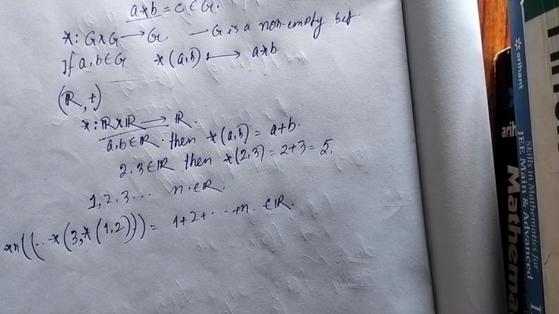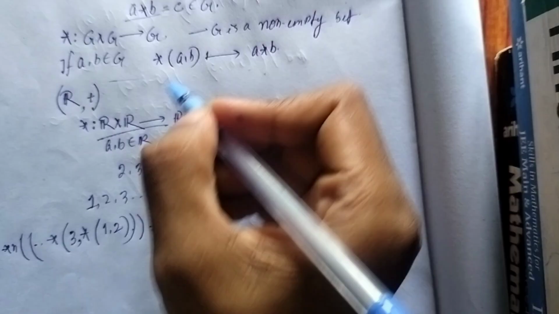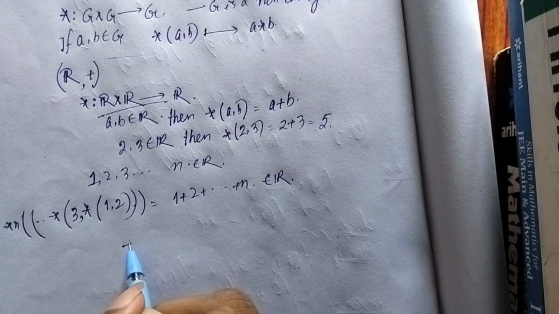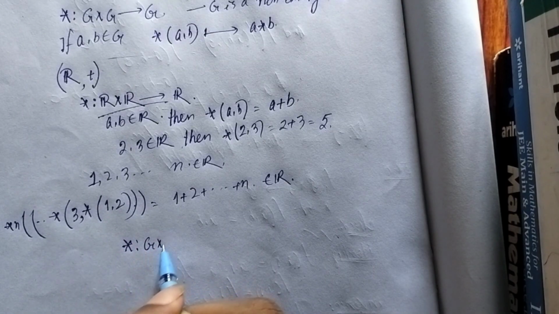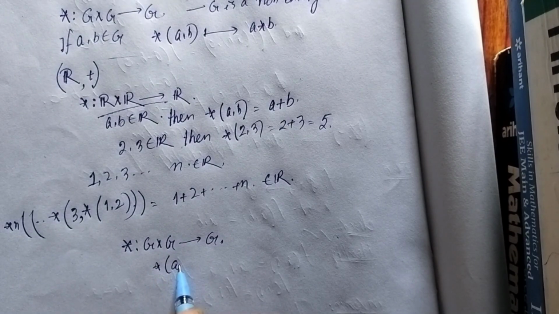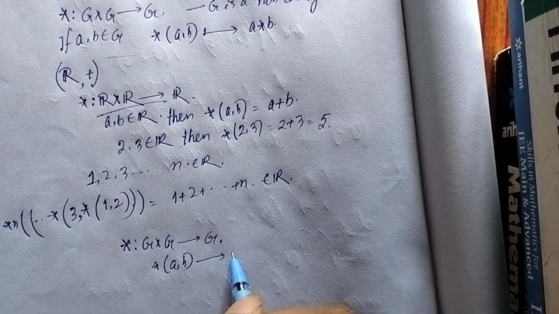Okay, that's enough for this lecture. In the next video we will discuss the other properties, like identity, associativity, and a lot of other things. And one thing that I forgot to mention is that this is called a binary operation. When an operation star obeys this rule, star is called a binary operation.